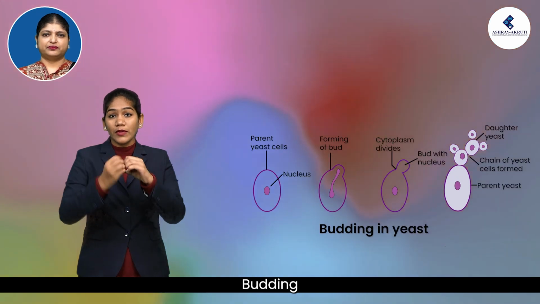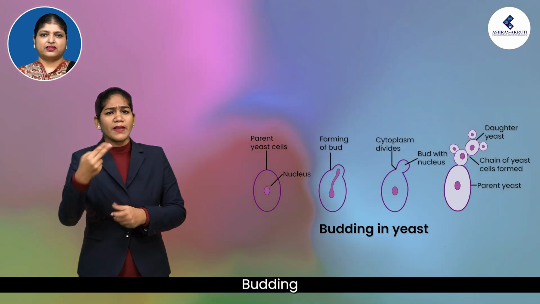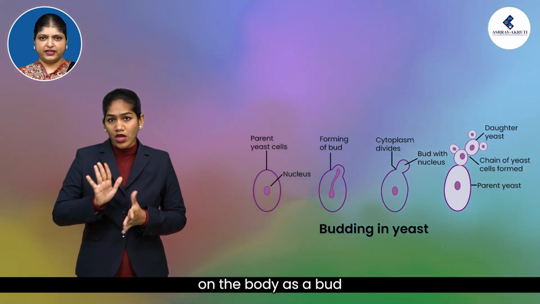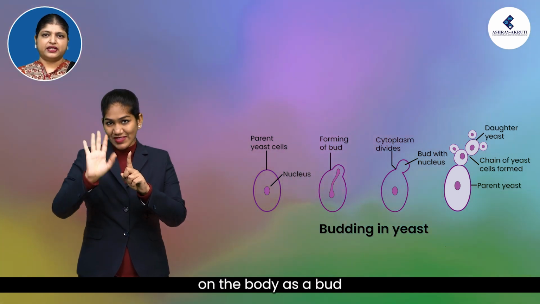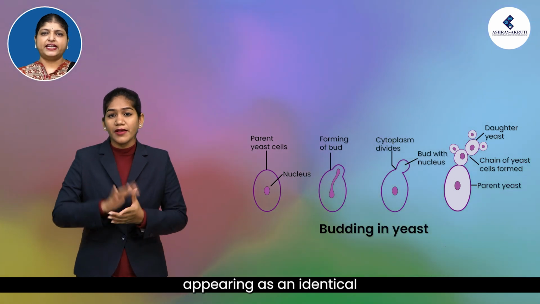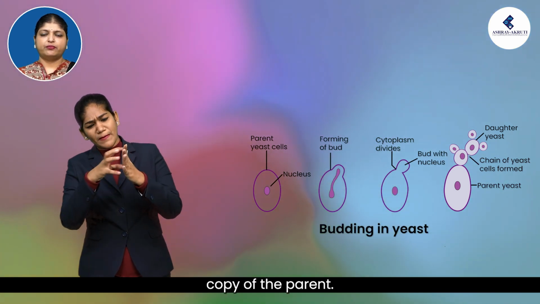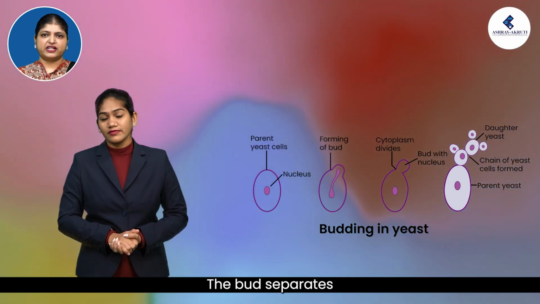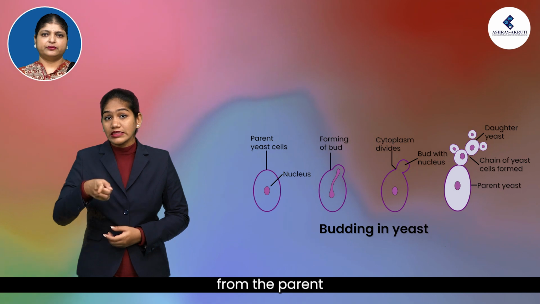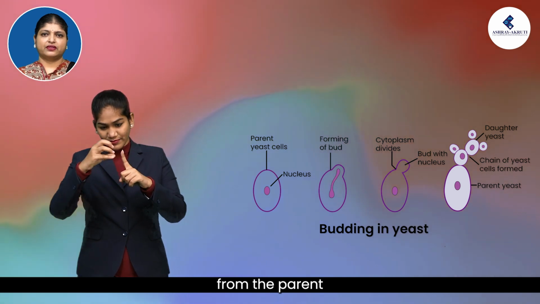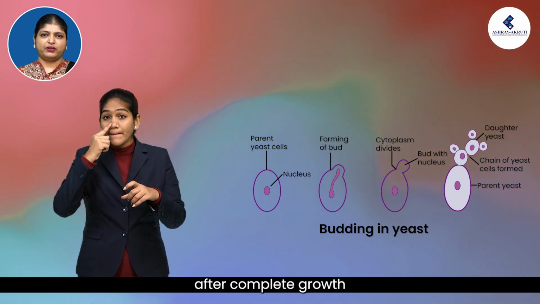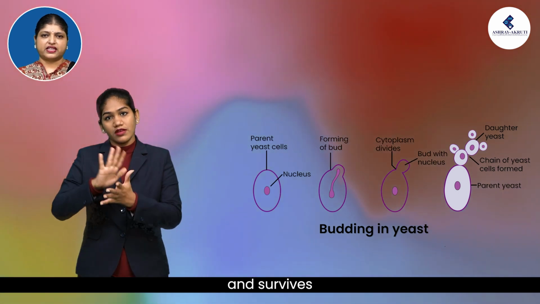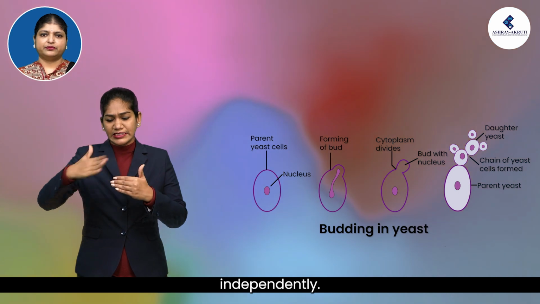Budding. A growth occurs on the body as a bud, appearing as an identical copy of the parent. The bud separates from the parent after complete growth and survives independently.